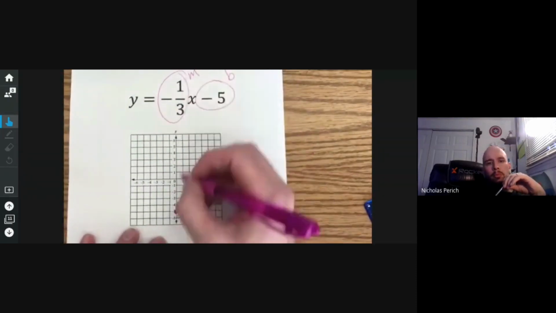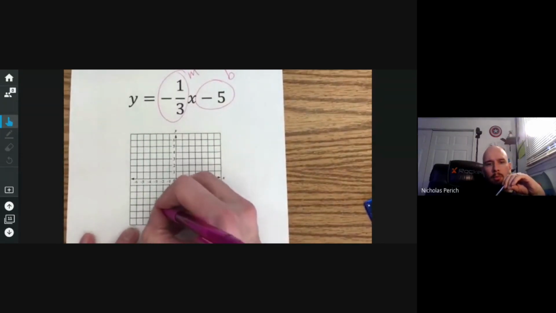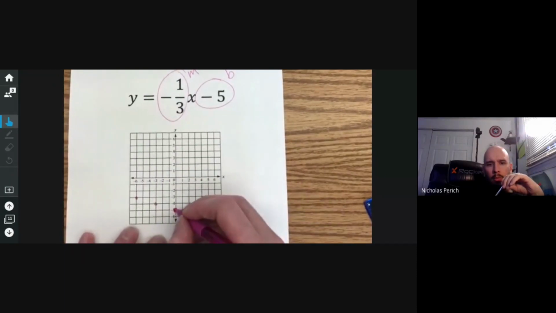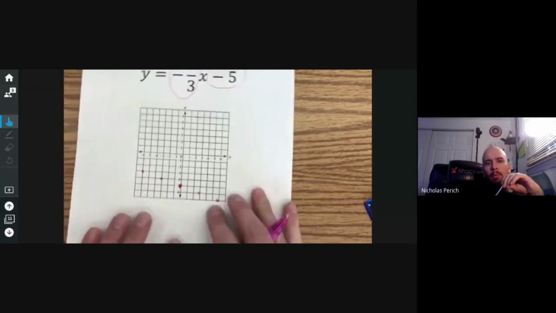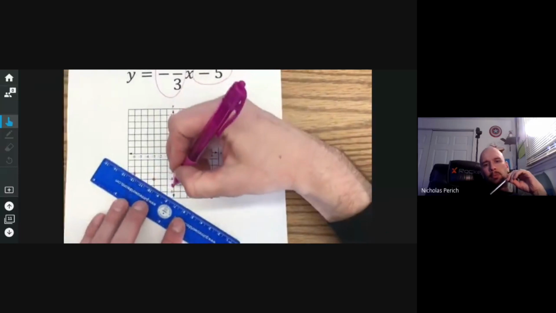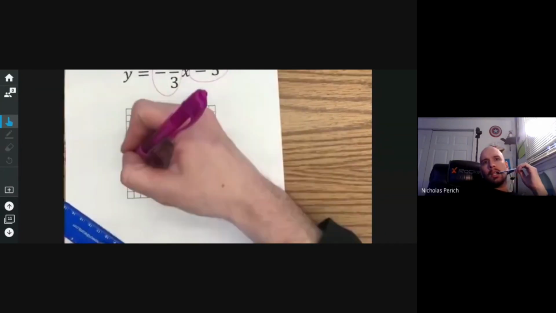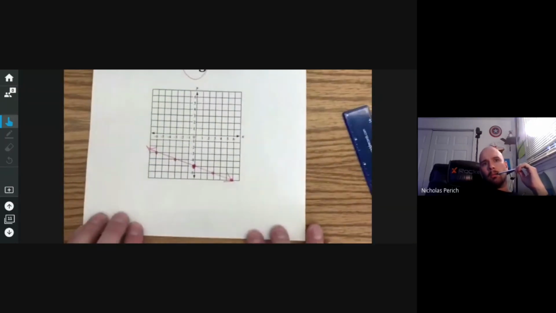Since that's a negative slope and it's rise over run, we go up 1, left 3, up 1, left 3. If we run out of room, we can go down 1, right 3, down 1, right 3. And I like to make as many dots as I can. Take a ruler, draw yourself a line, bang, bang. That, ladies and gentlemen, is our answer.